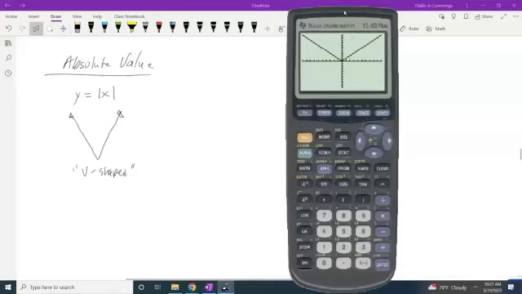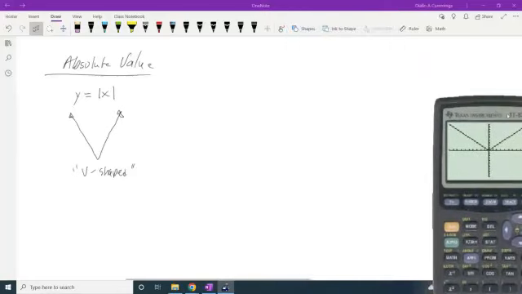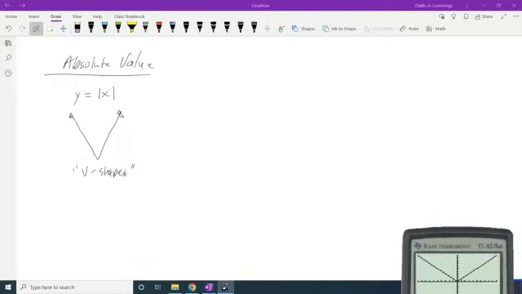All right. Next, we're going to talk about a square root graph. And a square root equation has a model form y is equal to the square root of x.